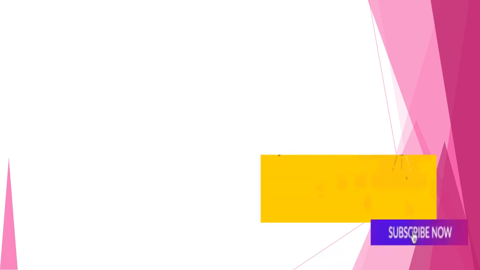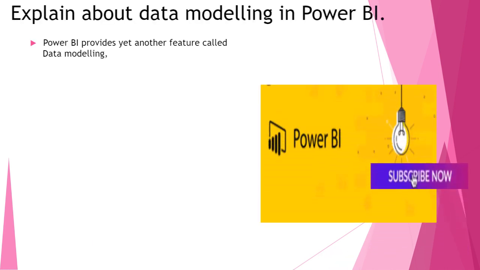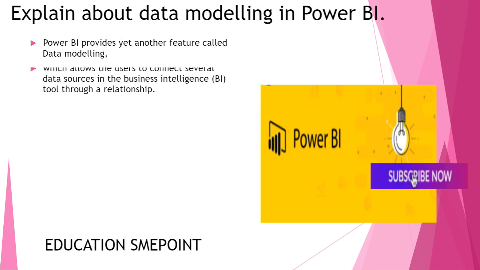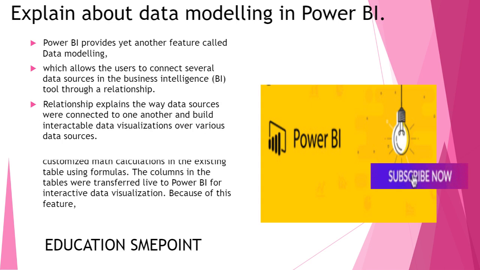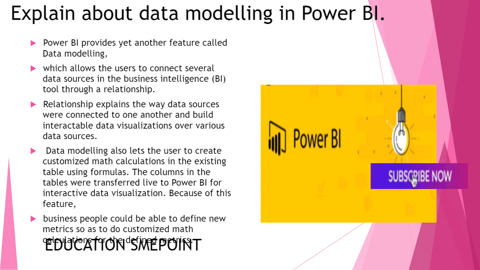Explain data modeling in Power BI. Power BI provides yet another feature called data modeling, which allows users to connect several data sources in the business intelligence tool through a relationship. A relationship explains the way data sources are connected to one another and lets users build interactive data visualizations over various data sources.